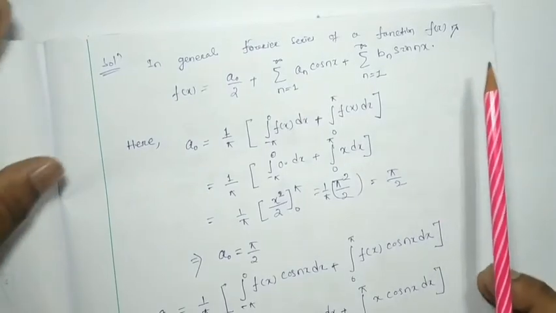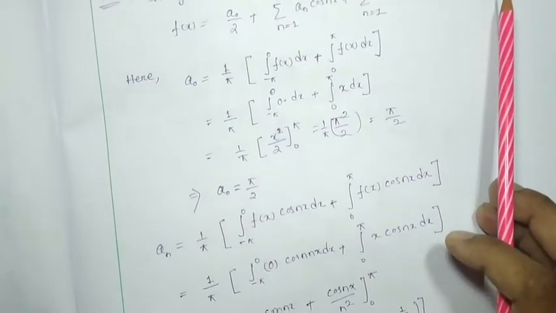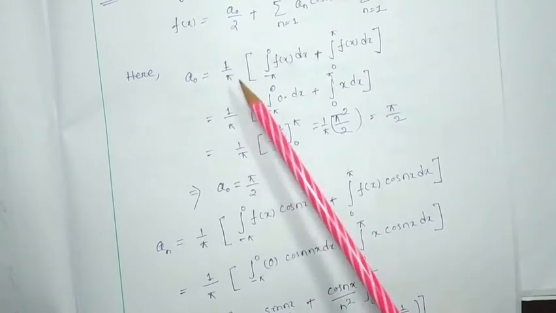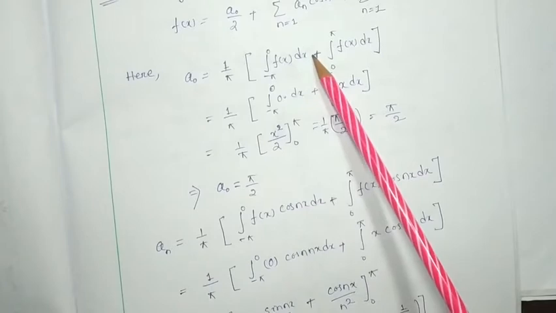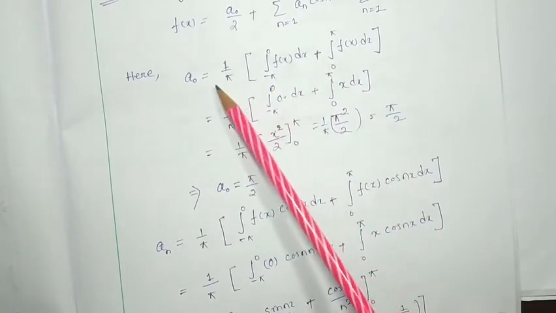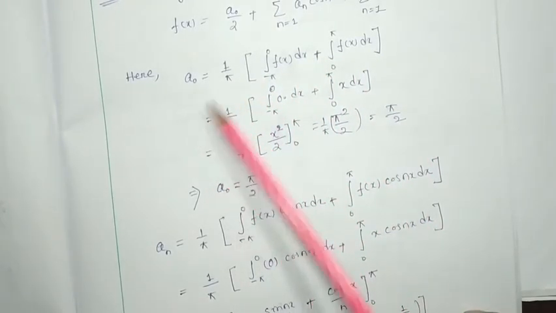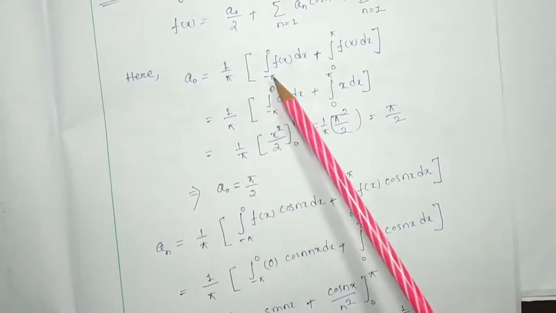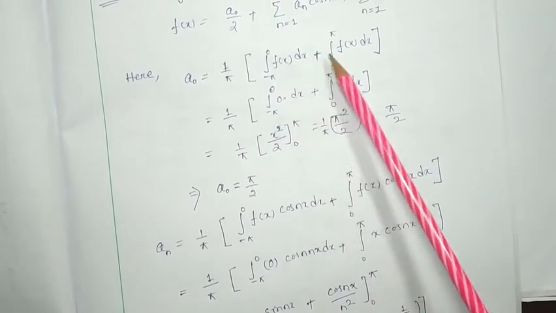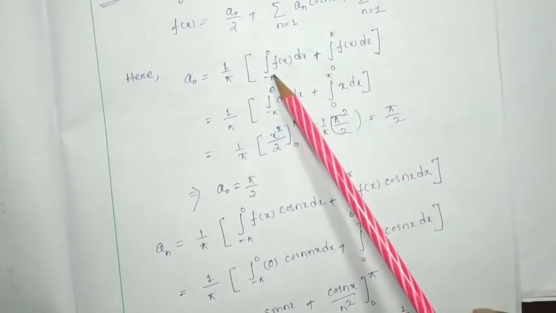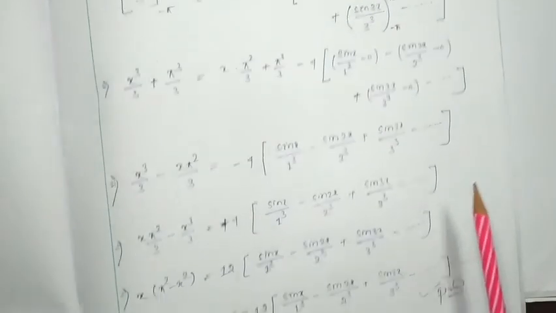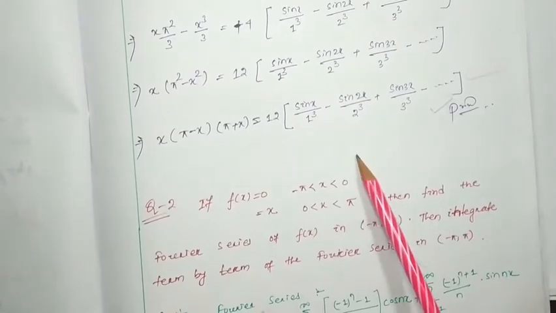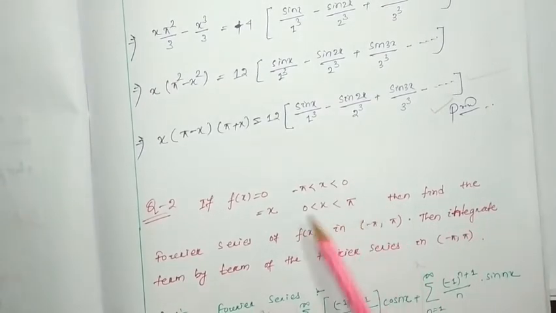The Fourier coefficient a0 is nothing but 1 by pi integral from minus pi to pi of f(x) dx. So to find a0 for this function, it will be 1 by pi, integral minus pi to 0 of f(x) dx plus integral 0 to pi of f(x) dx. From minus pi to 0 the function value is 0 and from 0 to pi it is x.